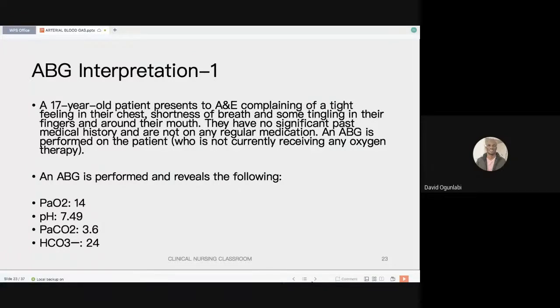So do this for me. Write down all these values, because I may take off the screen now, because I want us to interact at this level. We'll still come back to the screen. Please write it down. PaO2 is 14. pH is 7.49.